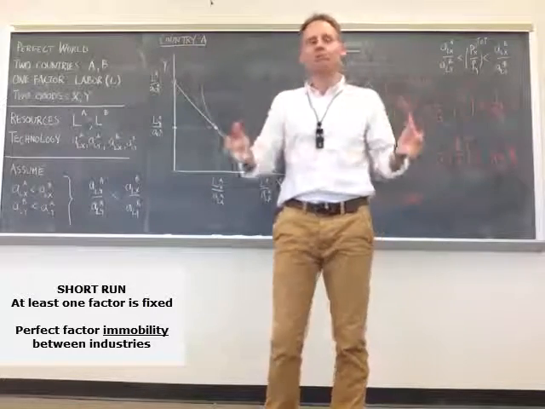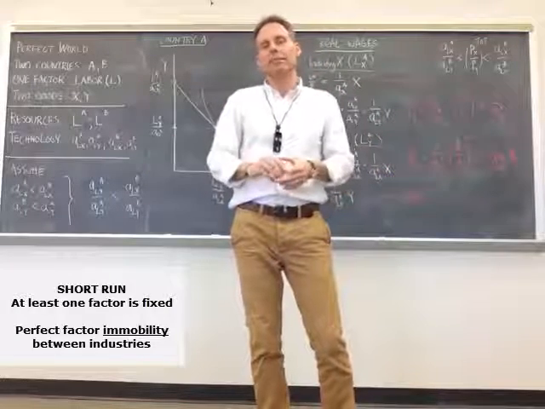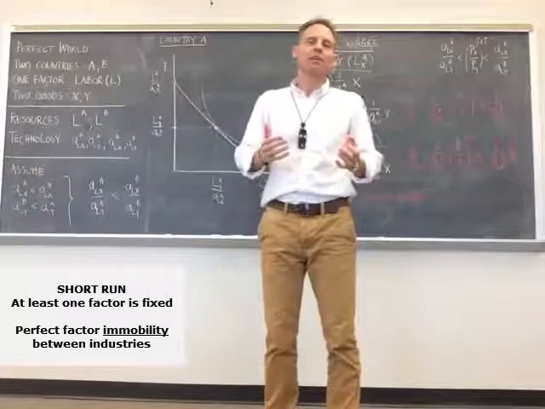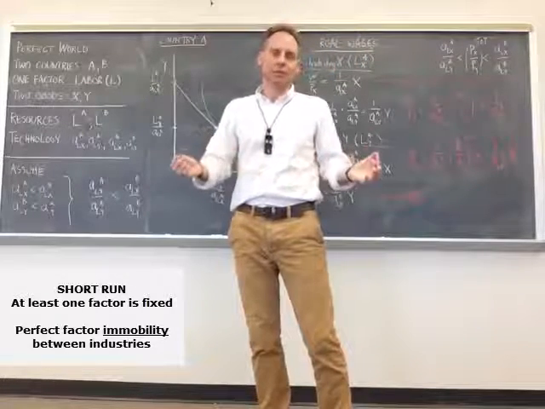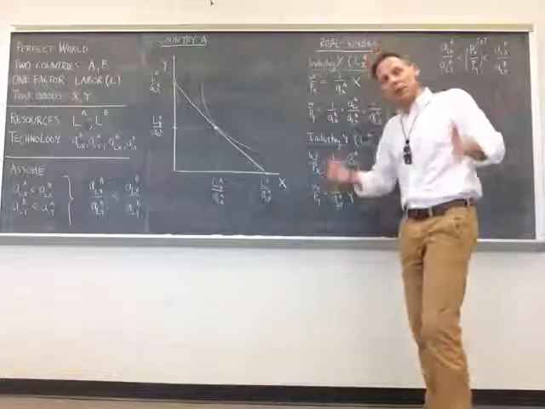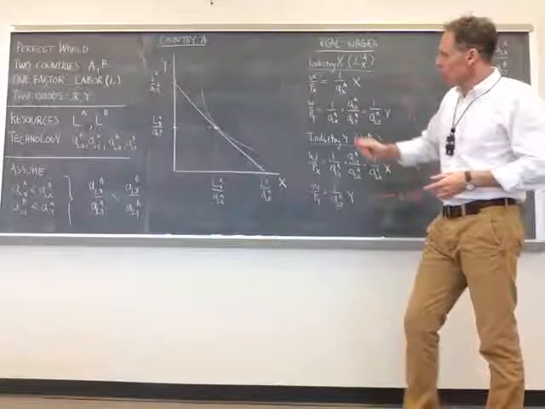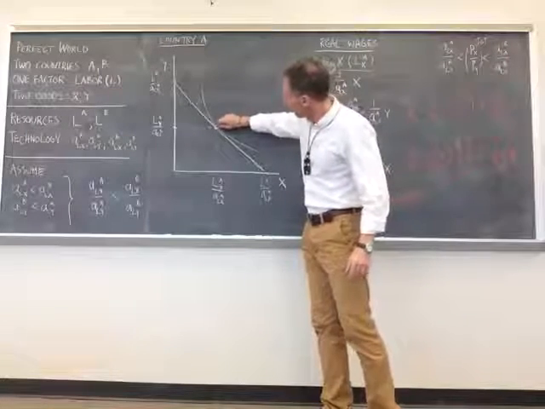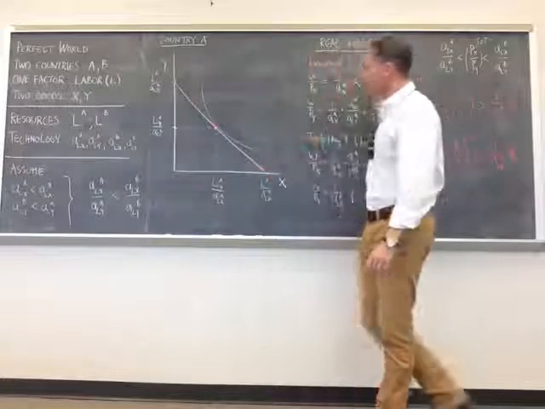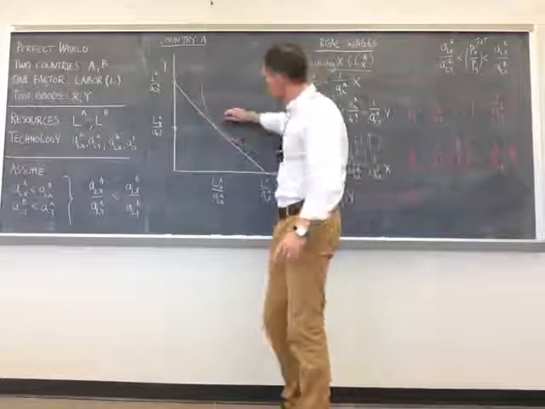So wherever the labor is located before trade, they're going to be located in the same industry after trade. So there is perfect factor immobility between industries. However, the workers can still trade at the more favorable terms of trade. So even though we cannot move our production point, which is still right there, we can trade at a terms of trade that is steeper than the opportunity cost.